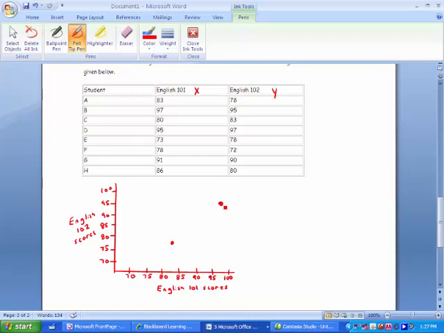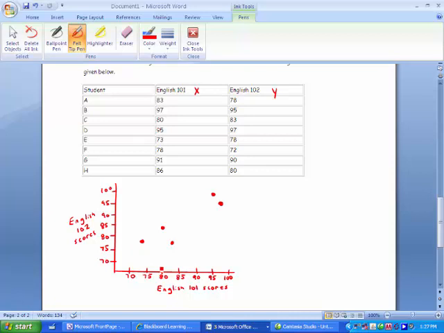Student C made an 80 in 101 and an 83 in 102. Student D made a 95 in 101 and a 97 in 102. Student E made a 73 in 101 and a 78 in 102.